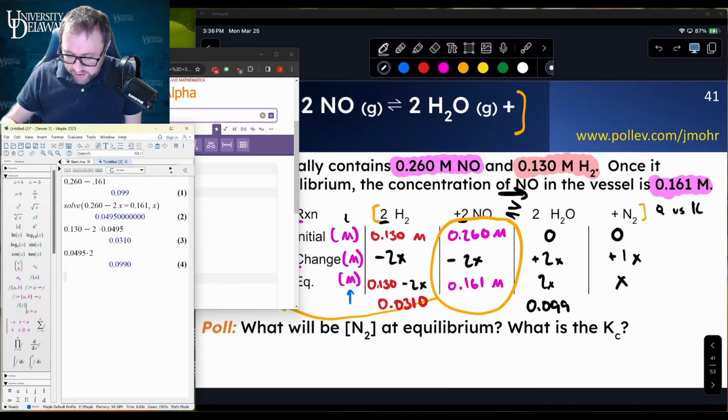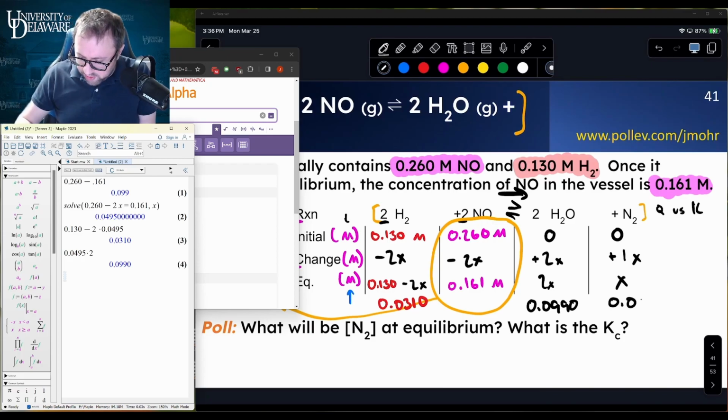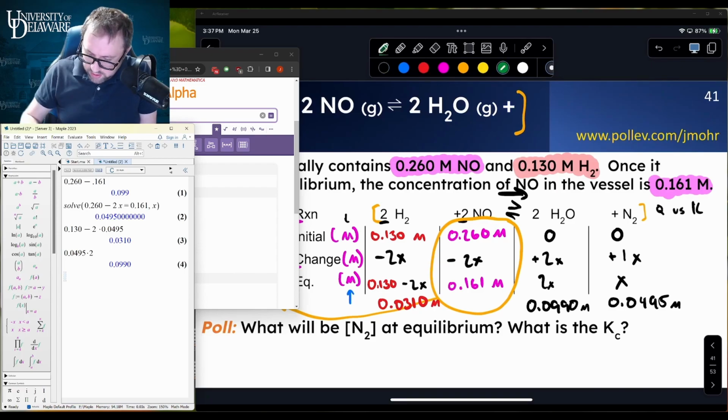I don't love putting the 0 there. We're going to leave it there because we know it's 2 sig figs. Adding that 0 doesn't actually change the value. Screw it. We'll just put it in there. And then our equilibrium concentration of nitrogen is going to be 0.0495. Right, and all of these are molar. So that's actually our equilibrium concentration.